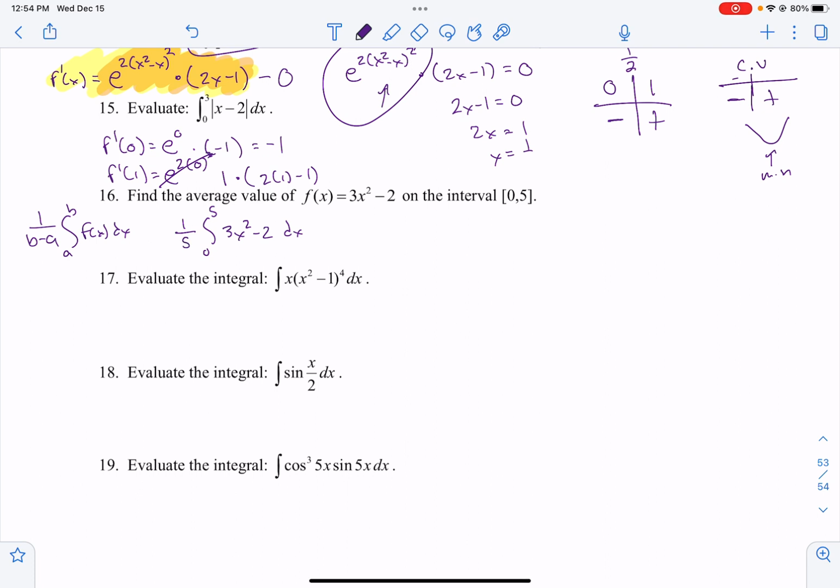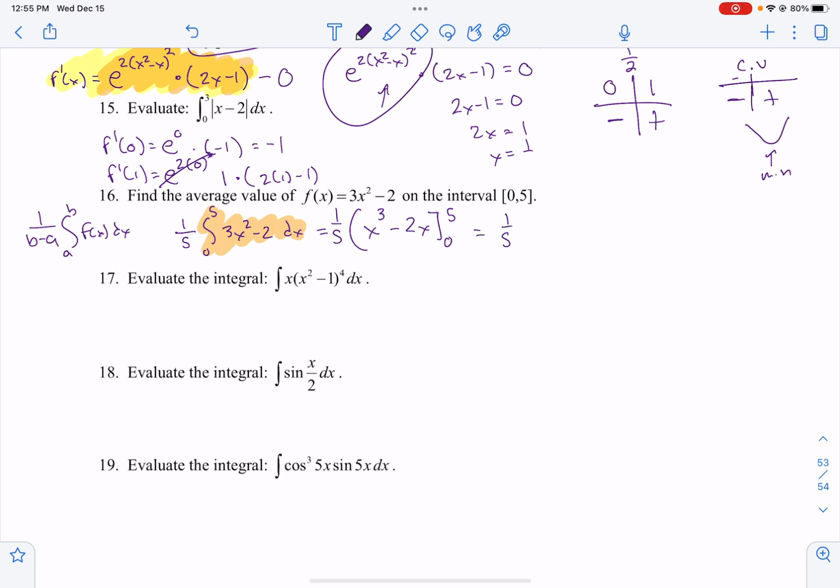So the integral of 3x squared becomes x cubed, since I multiply by 1/3, which makes the 3 go away, minus 2x. And I don't have to worry about a c value because I'm evaluating this from 0 to 5. Right now I'm just doing this part. I still have this 1/5 out in front that I'm not multiplying by quite yet.